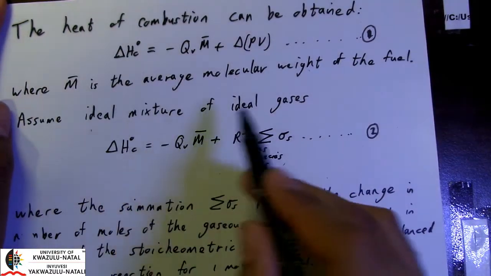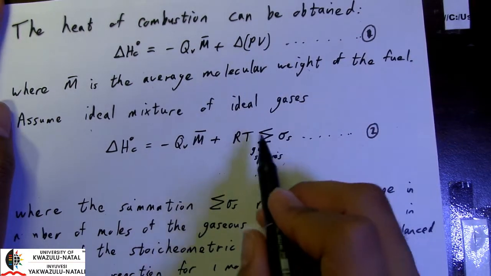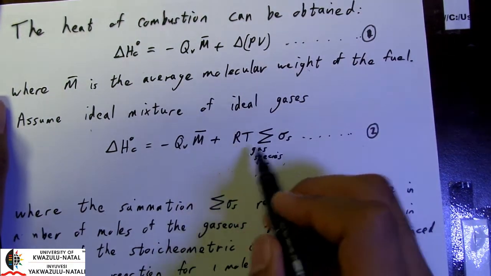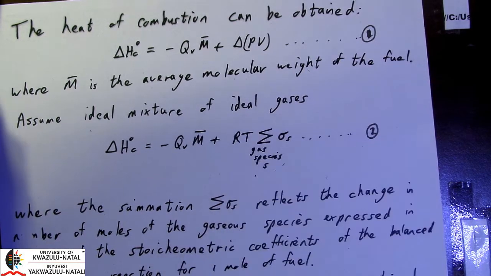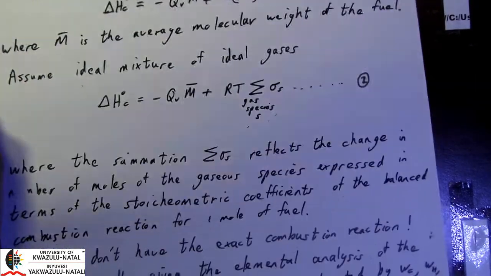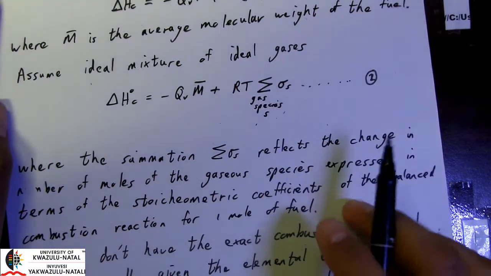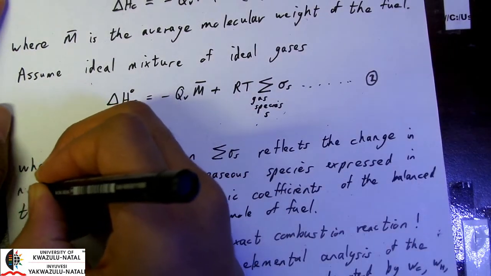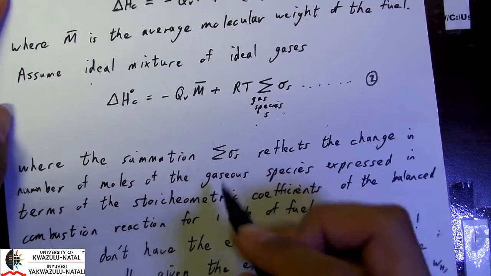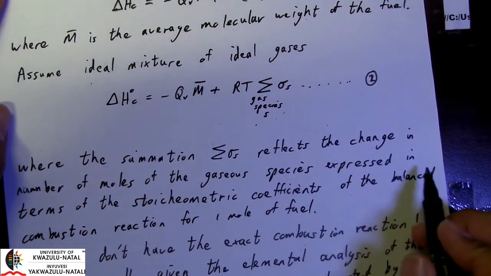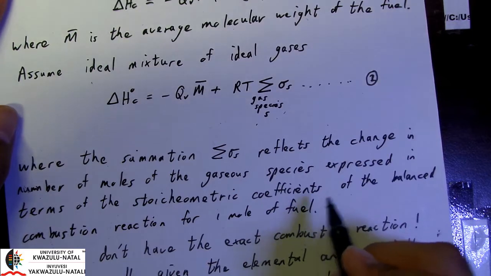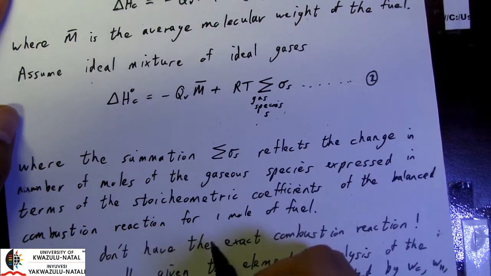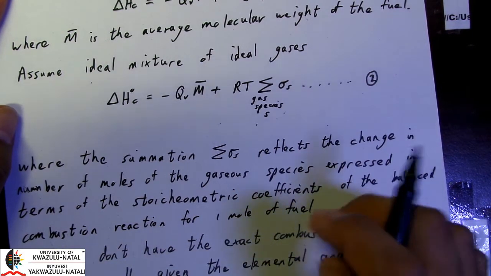Now if we have an ideal mixture of ideal gases, PV can be represented as RT times the summation of sigma S. Now the summation sigma S reflects the change in the number of moles of the gaseous species expressed in terms of the stoichiometric coefficients of the balanced combustion reaction for 1 mole of fuel.